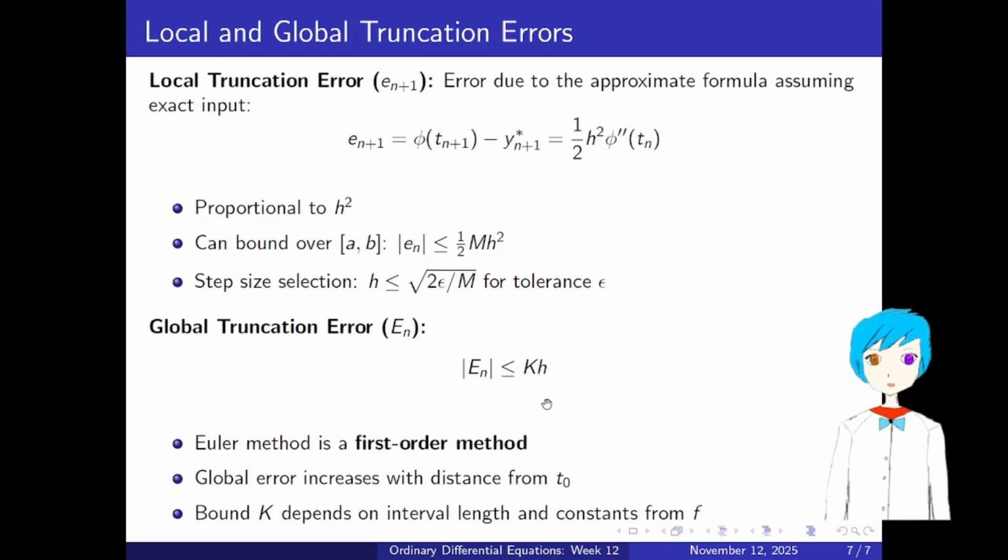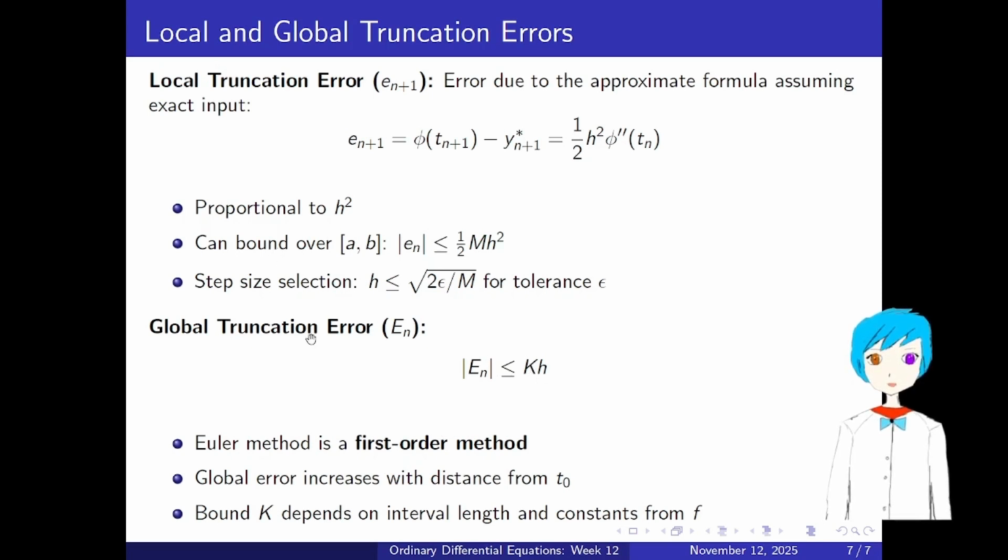For the global truncation error of the Euler's method, it is a constant times the time step. So that is to say, the Euler's method is a first order method. If we decrease the time step, the global error is going to decrease linearly with the time step.